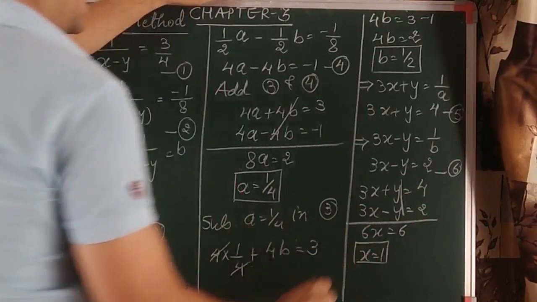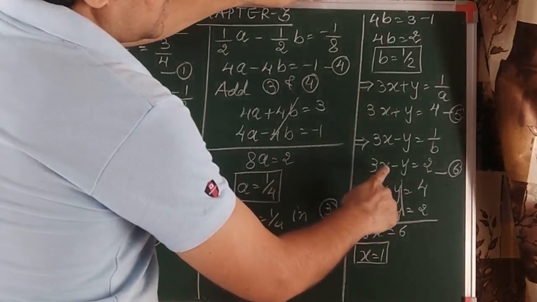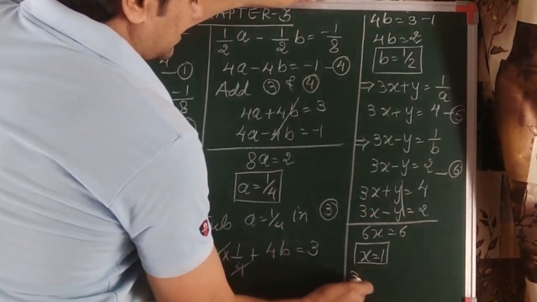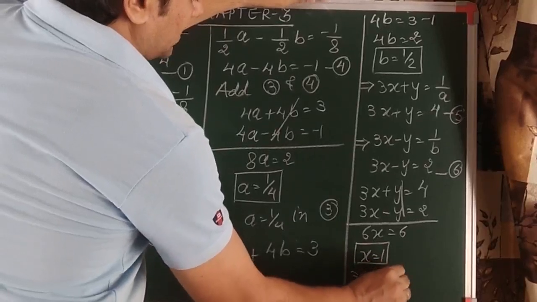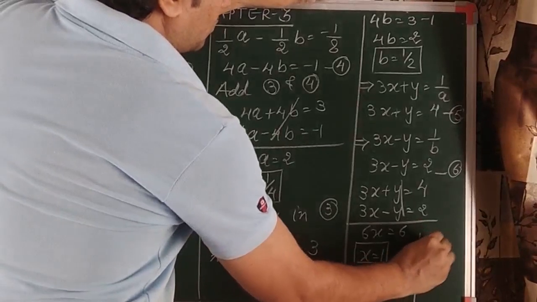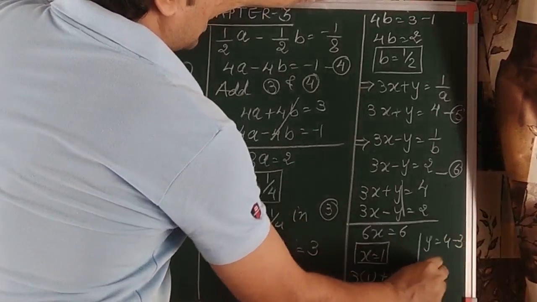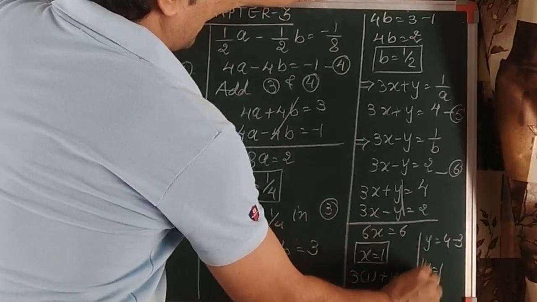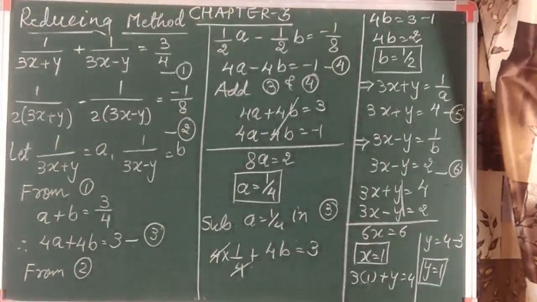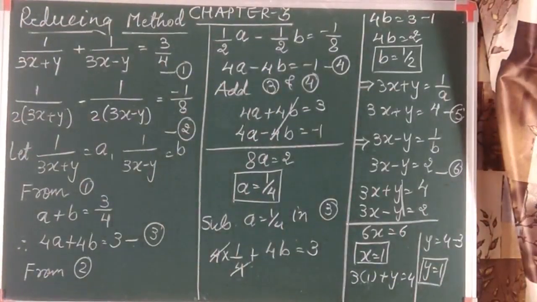Now this value of x I am substituting in equation number 5. So that is 3x, let us substitute x as 1, plus y is equal to 4. So y is equal to 4 minus 3. So the value of y we obtain is 1. So you can see that the values of x and y which we obtain here are 1 and 1 respectively.